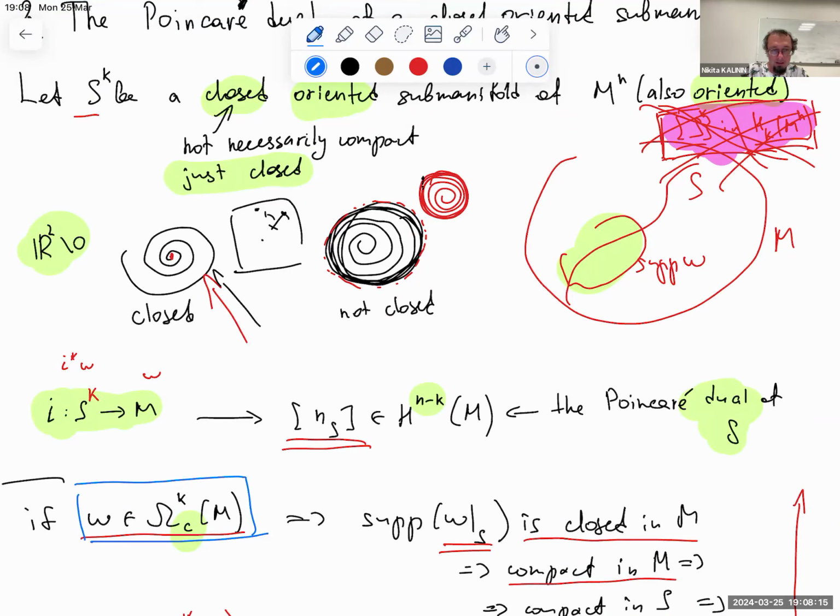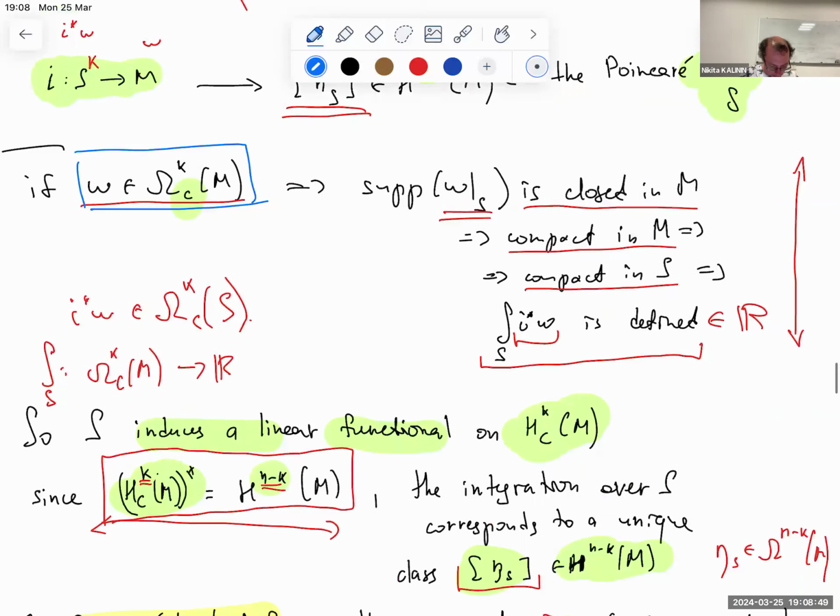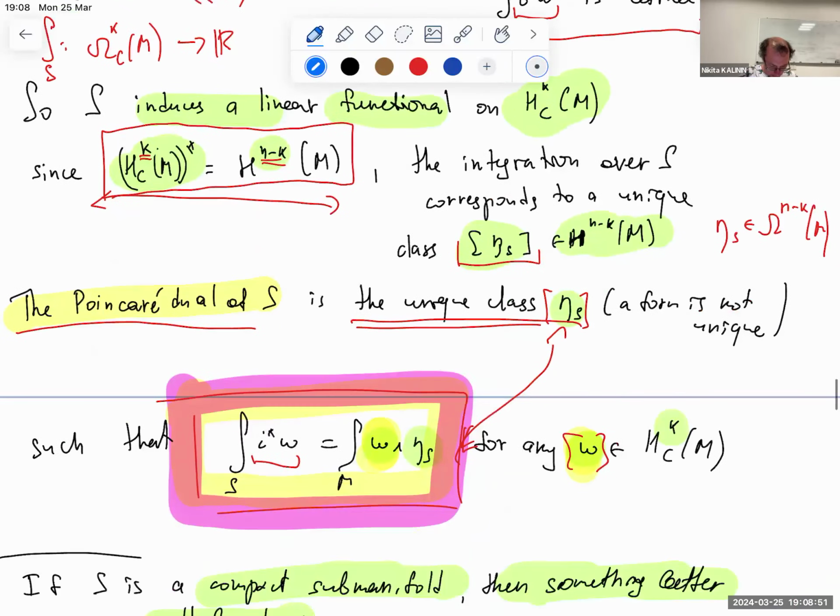Clearly, since k is 0, these are just functions. And since we ask about homology, they should be locally constant functions. So when we performed this procedure to construct the Poincare dual, we just took constant functions with compact support. So it was just one function, 0. And because of that, we obtained nothing interesting.